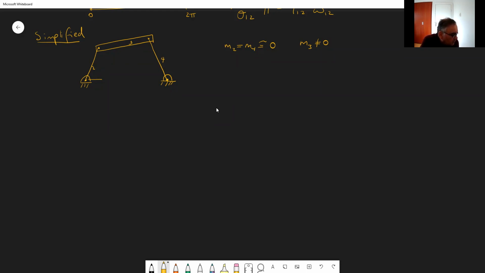Okay, now, if you don't have questions, I will solve one more thing, which is the slider crank mechanism again. By the way, next Wednesday, we have a midterm, as far as I remember, which was 5th, right?